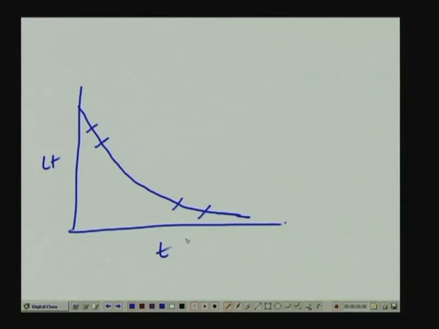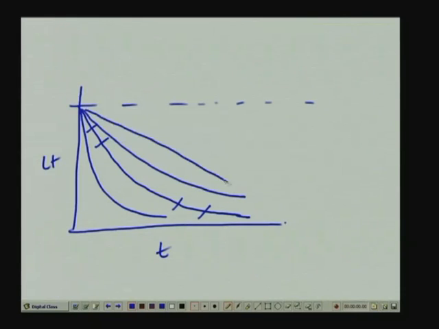This is mostly the typical thing that we generally observe, but a very important thing to understand is that it is not necessary that all organic substances would follow this plot. There will be situations like this where it would be plotted differently.